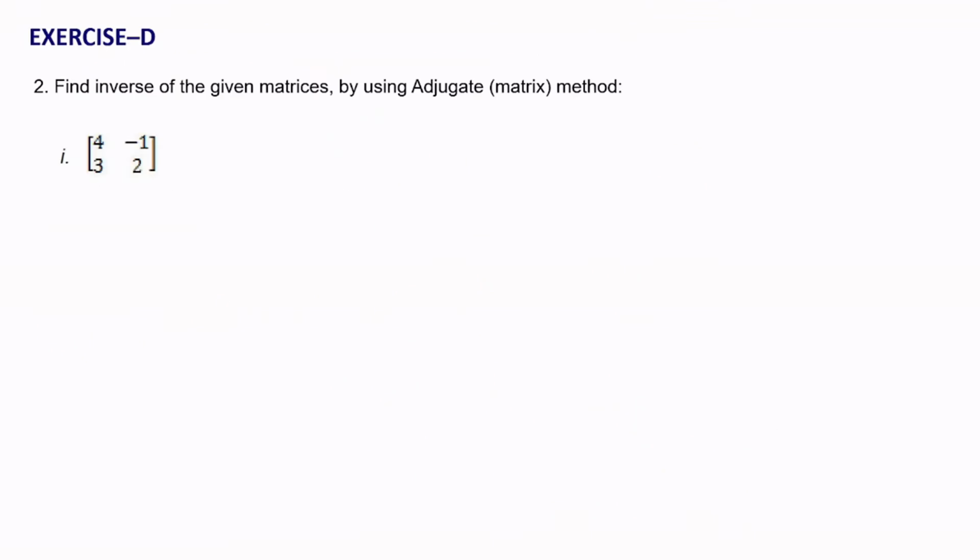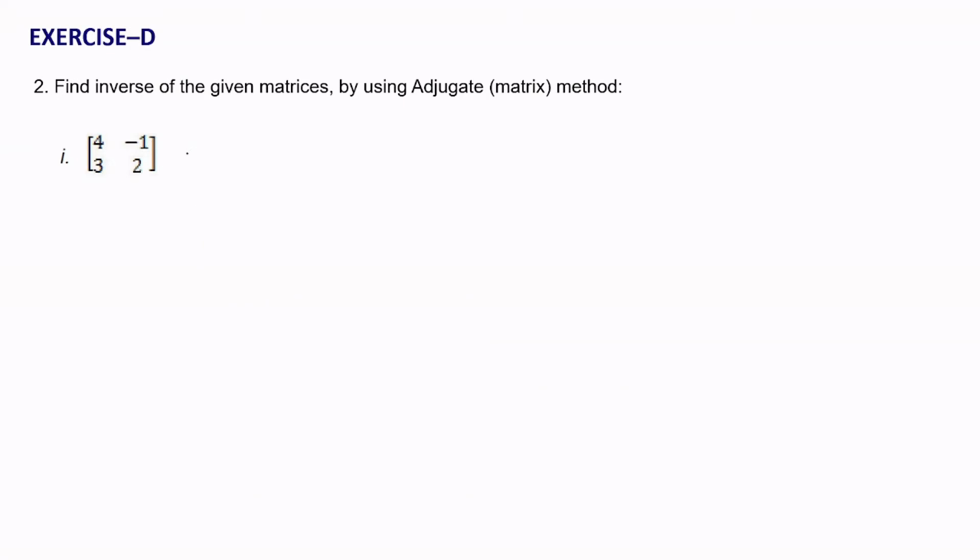Now moving on to the exercise questions from exercise D of the student support material. The second question, find inverse of the given matrices by using adjugate method. Adjugate method is finding the inverse using adjoint.